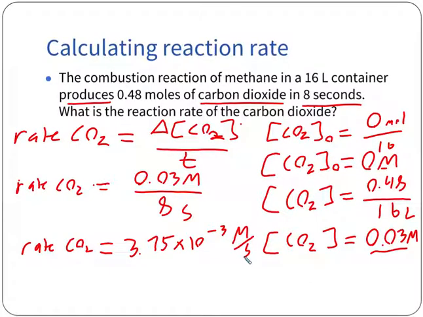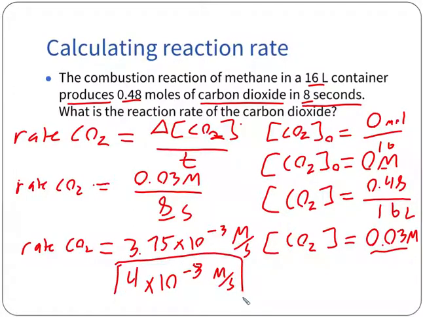Sig fig wise, we have 2 sig figs, 1 sig fig, 2 sig figs. That 8 seconds means the final answer has to have just 1. So the final one ended up being 4 times 10 to the negative third molar per second, which is our final reaction rate of the carbon dioxide.